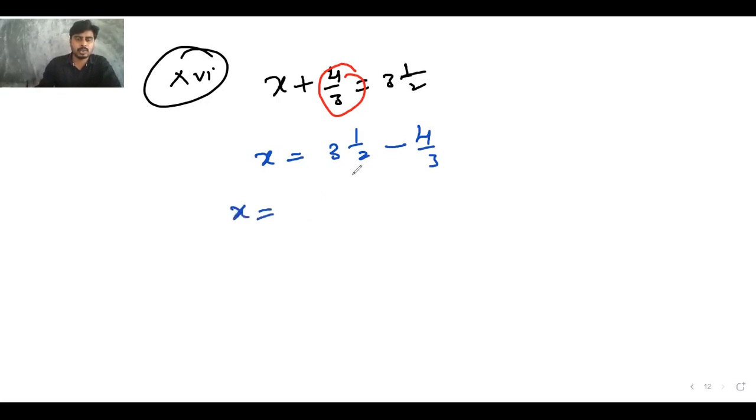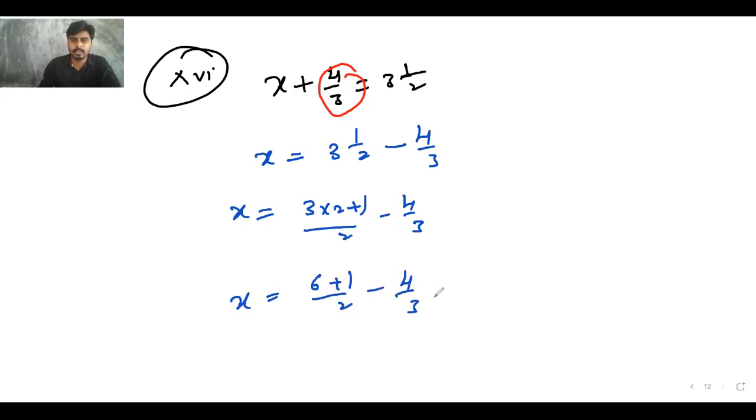So x is equals to 3 into 2 plus 1 by 2 minus 4 by 3. X is equals to 6 plus 1 by 2 minus 4 by 3. So x is equals to 7 by 2 minus 4 by 3. Got it, Nana?